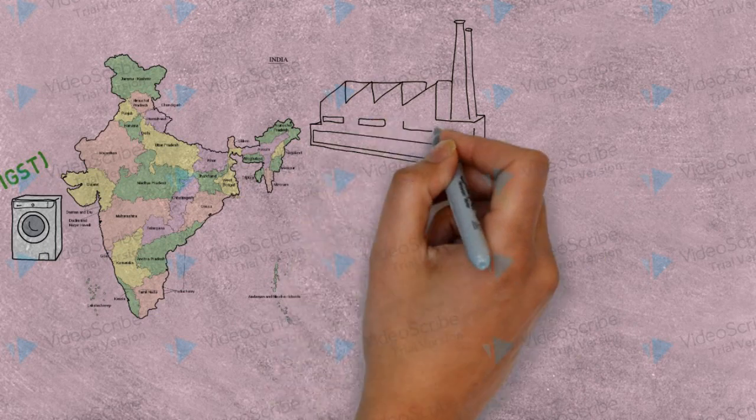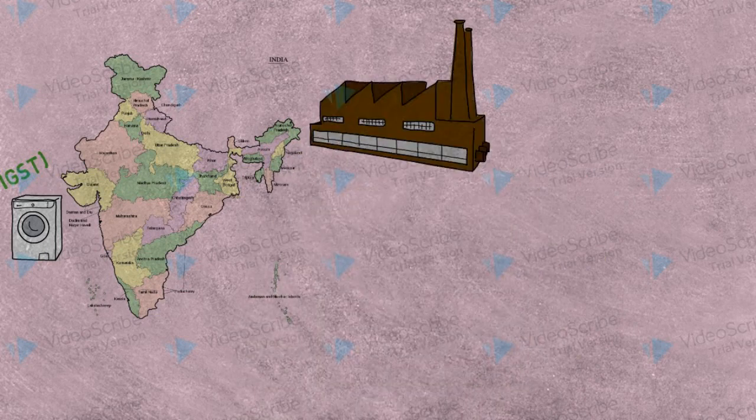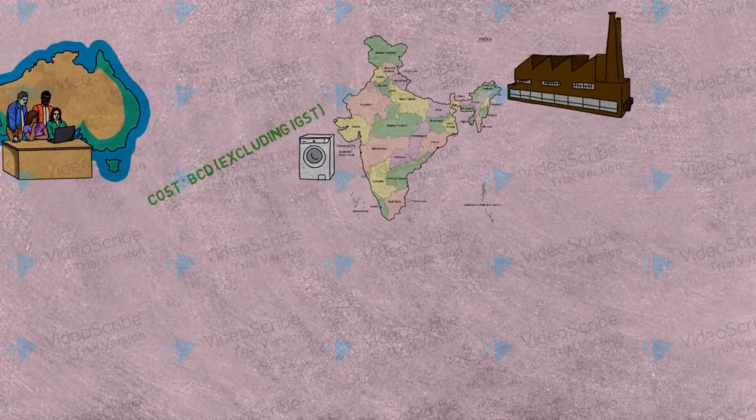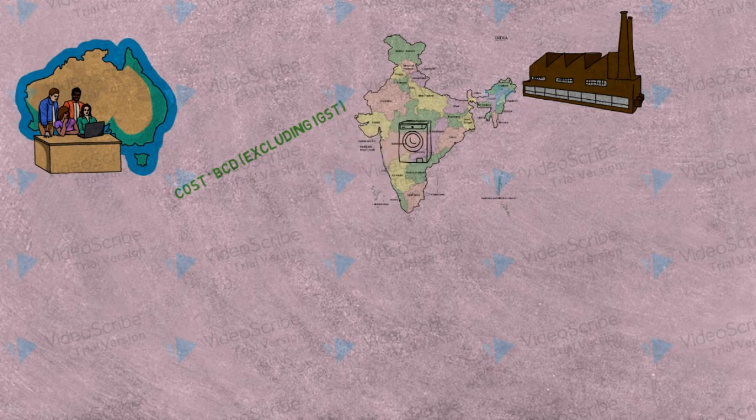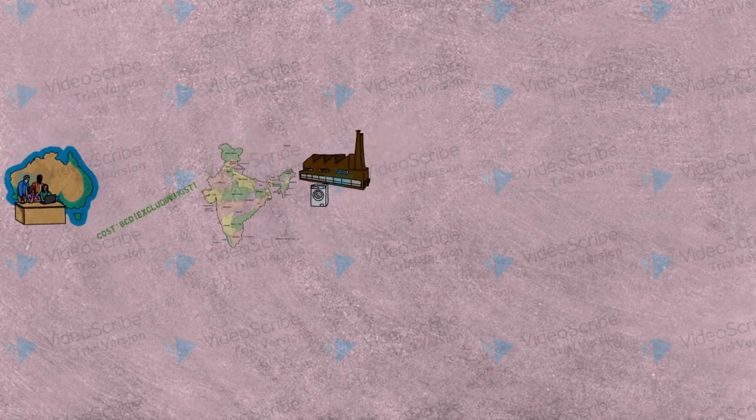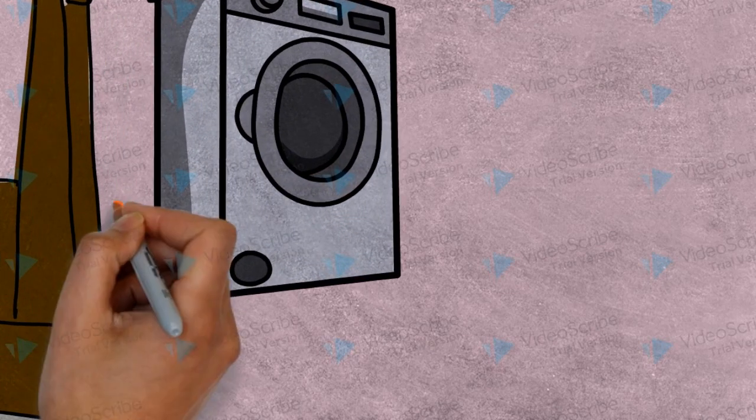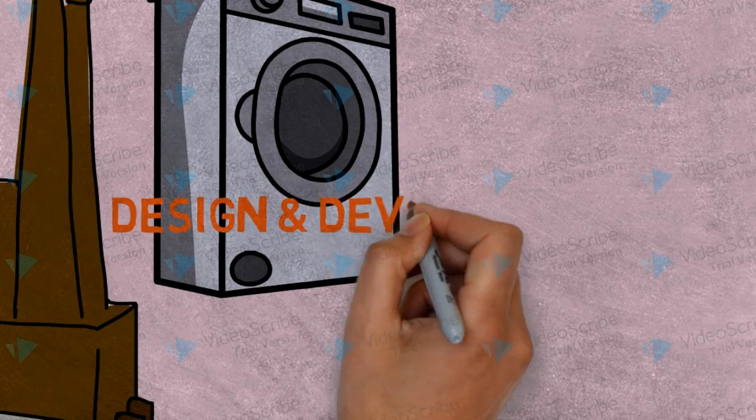Then the Indian firm receives the order at their factory site. It later transforms the washing machine by incurring design and development charges.